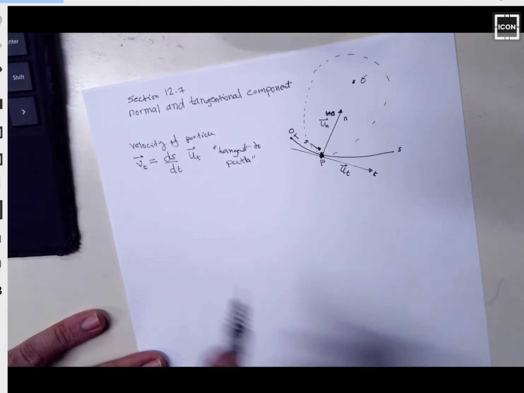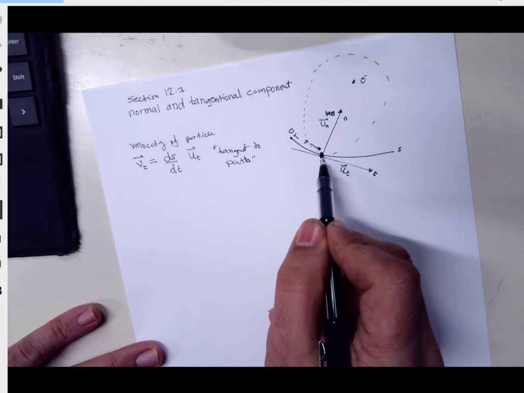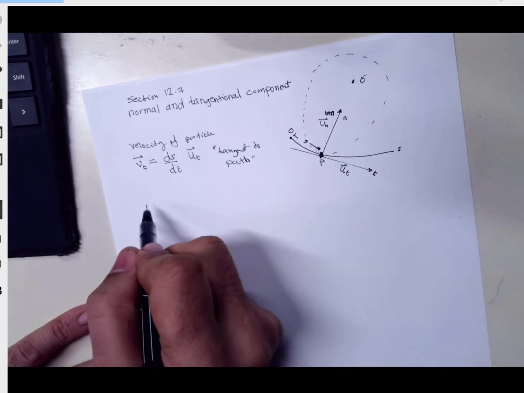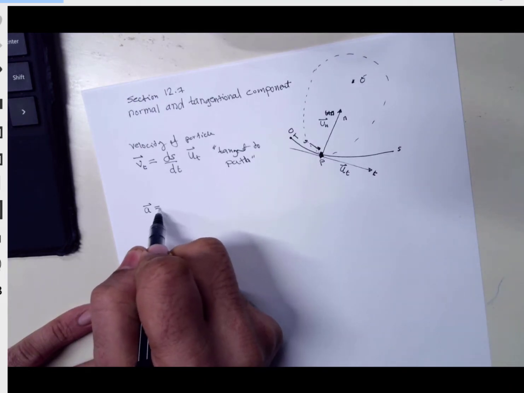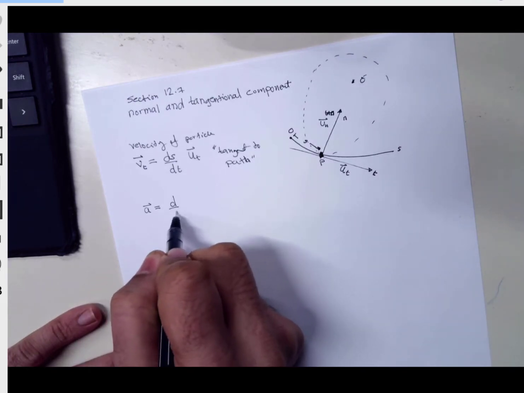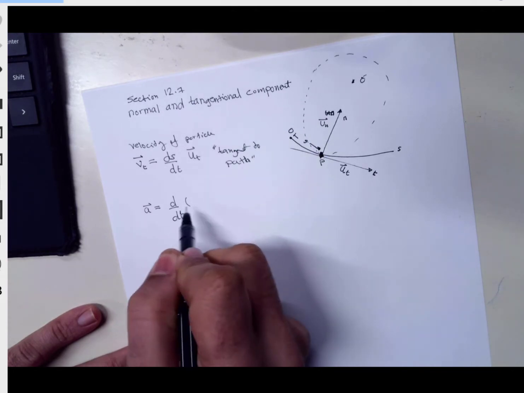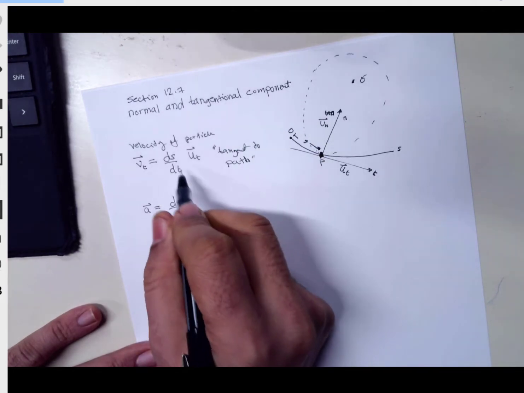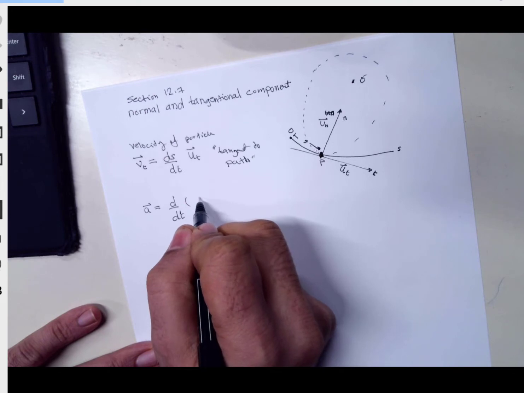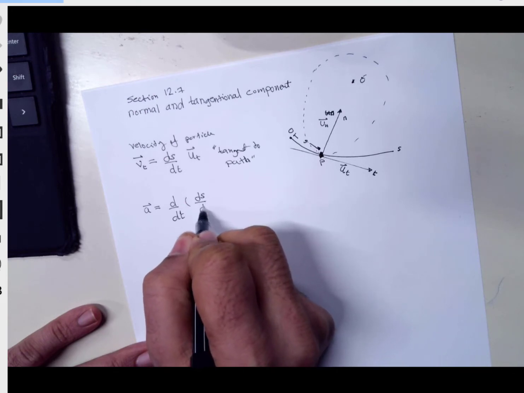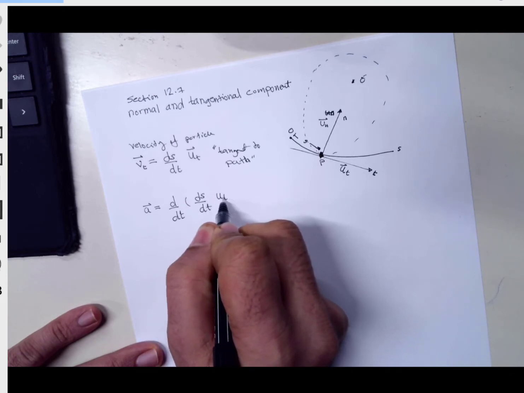To calculate the acceleration of that particle, a is simply the derivative of the velocity, which we agreed is ds over dt u_t.